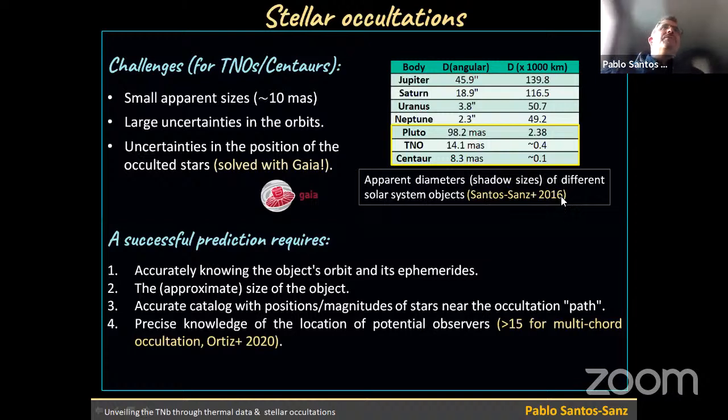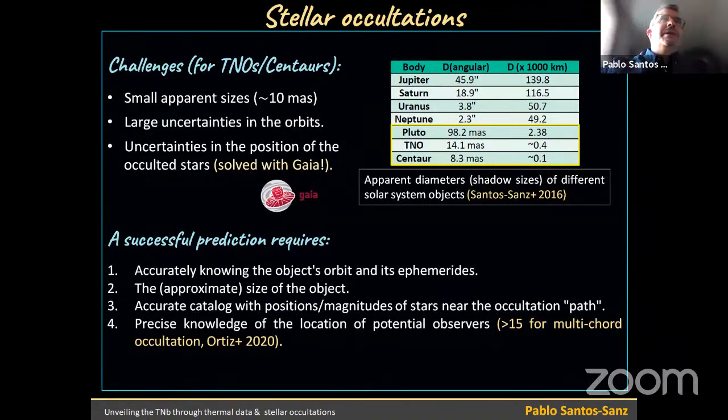So for TNOs and Centaurs, there are a few challenges that we have to solve in order to predict one of these stellar occultations. First, as I said, are the small apparent sizes. Also, the large uncertainties in the orbits. We have observed only a short arc of the orbit of the TNO and of the Centaur.